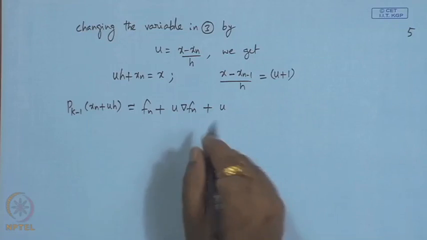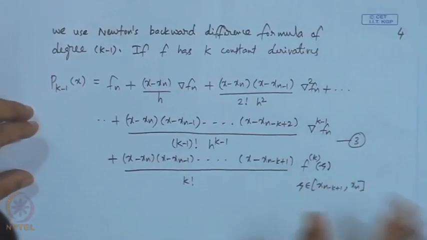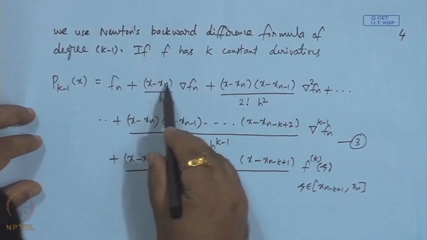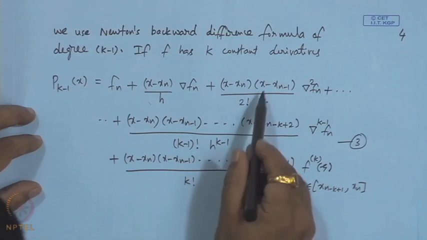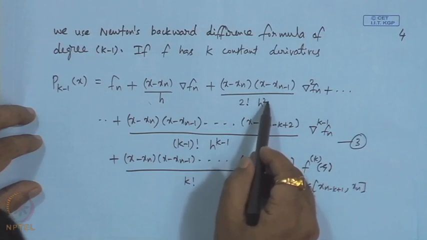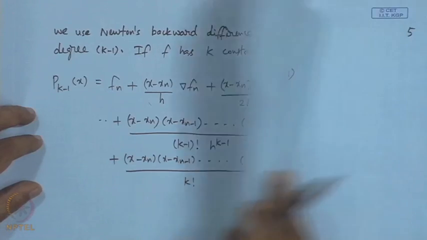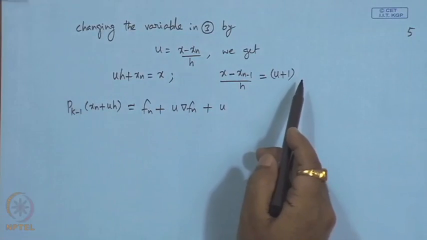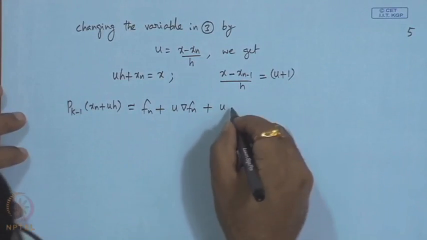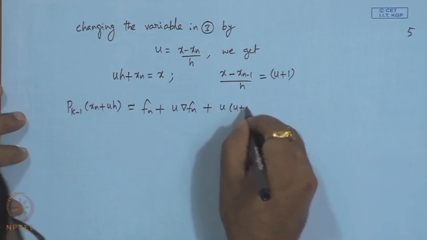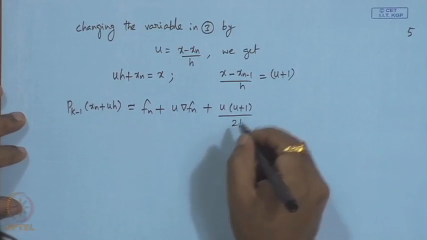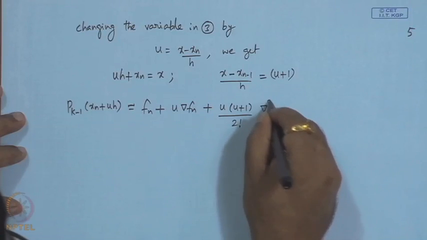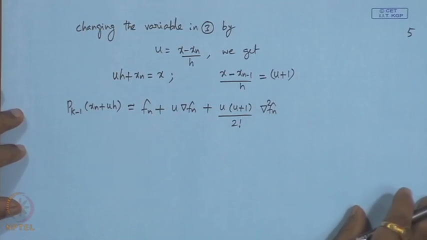What could be the next term? Again we go back. This x minus x n by h is u. Now, we have x minus x n minus 1 by h, so that must be u plus 1. So, u plus 1 by 2 factorial times the second order differences.